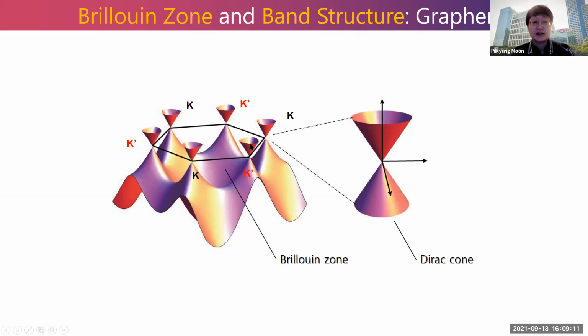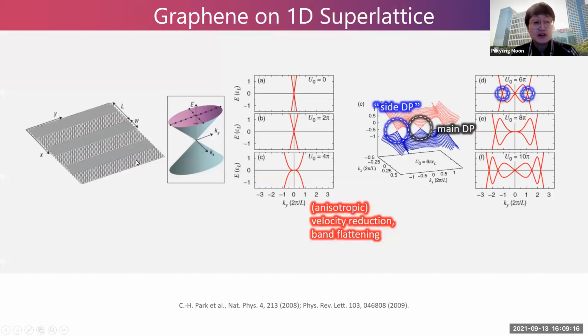It is theoretically predicted that if we apply a one-dimensional periodic potential to graphene, then the graphene Dirac cone is anisotropically deformed. So as the normalized potential strength U0 increases, the velocity gradually decreases and even drops to zero, becoming flat at the potential of 4 pi.